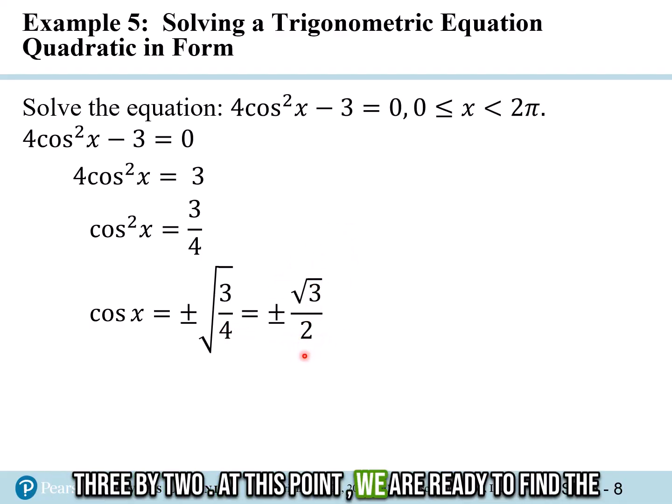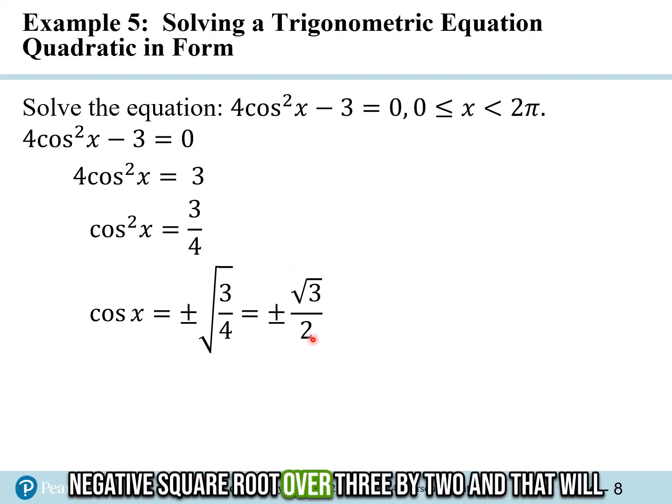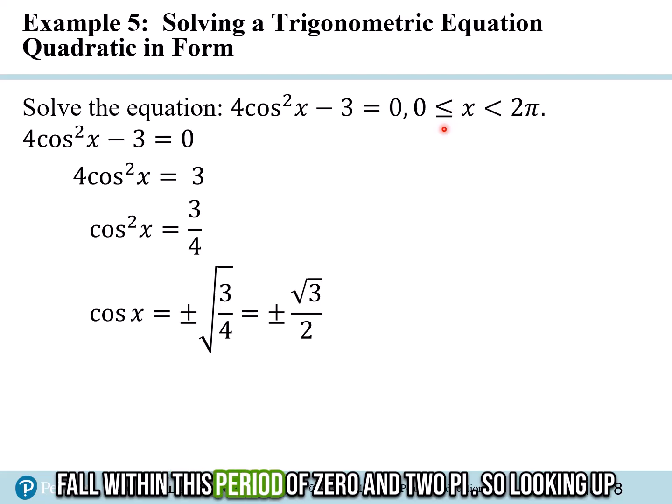At this point, we are ready to find the values of x whose cosine ratio will be positive or negative square root of 3 by 2, and that will fall within this period of 0 and 2 pi.